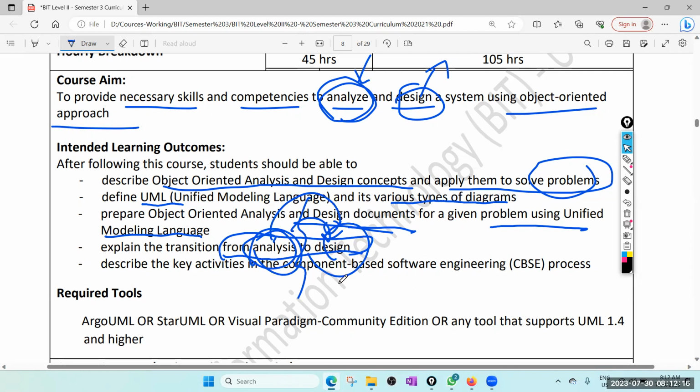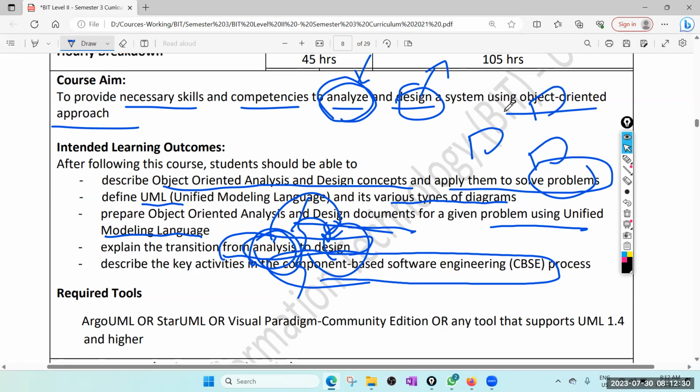Describe the key activities in component-based software engineering. So we will look at it later because you know that even the hardware level of a computer is component-based. We have a set of components fixed together using the motherboard, right? Hard disk, SSD, processor, RAM, ROM, and so on connected together.